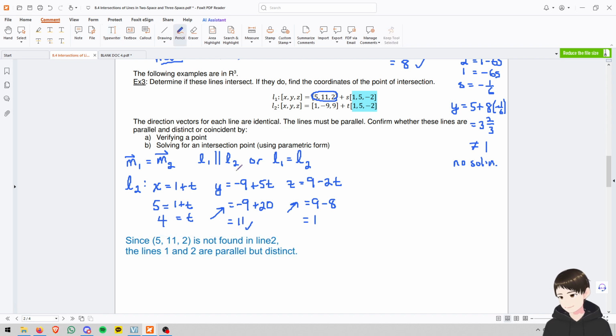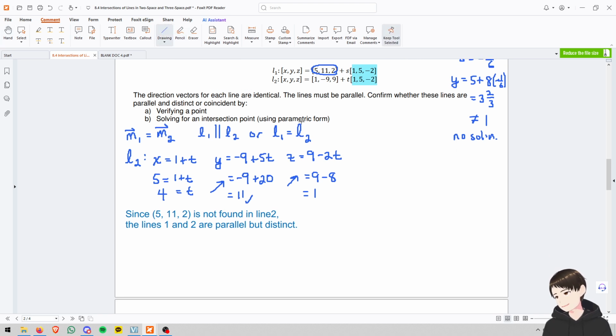Instead of just simply verifying a point because I went about it in a geometric way, you can still provide a very strong argument by looking for a specific point of intersection. Let's say you didn't notice that. I know that in line 1, my x value has to be 5 plus s, and in line 2, my x value has to be 1 plus t.